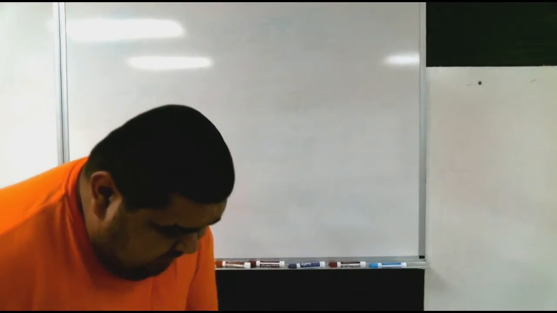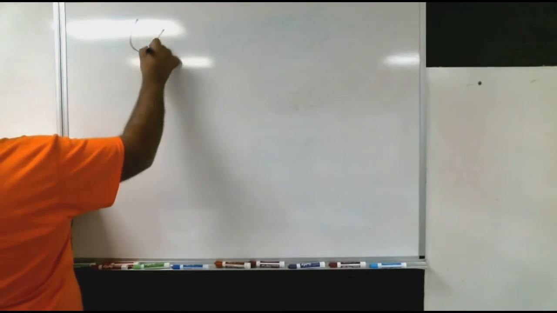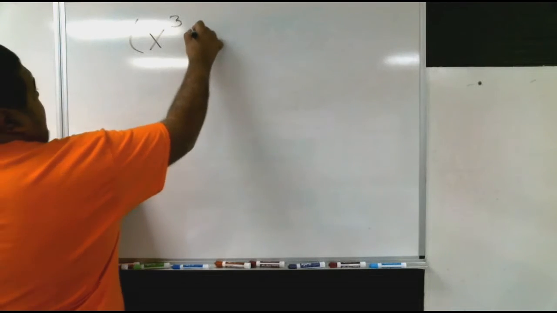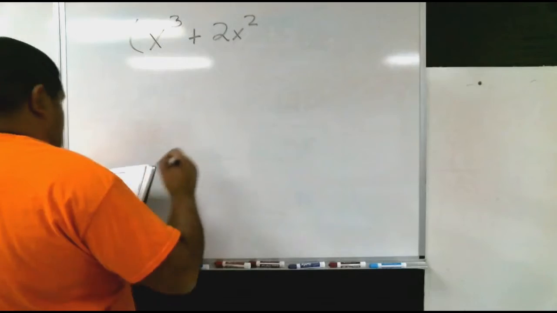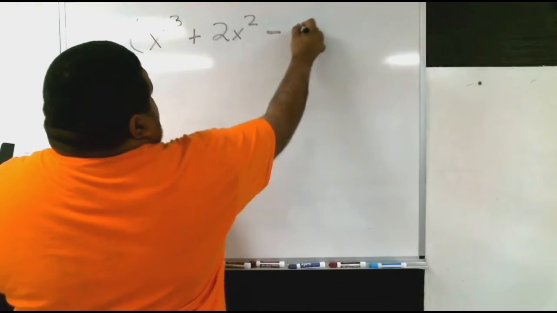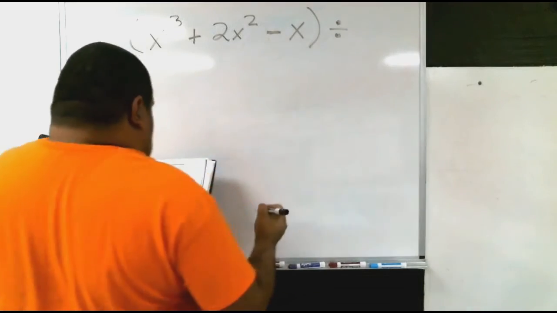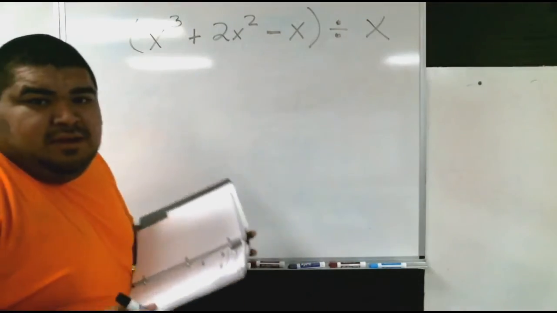Your first one is x to the third power plus 2x to the second power minus x, divided by x.